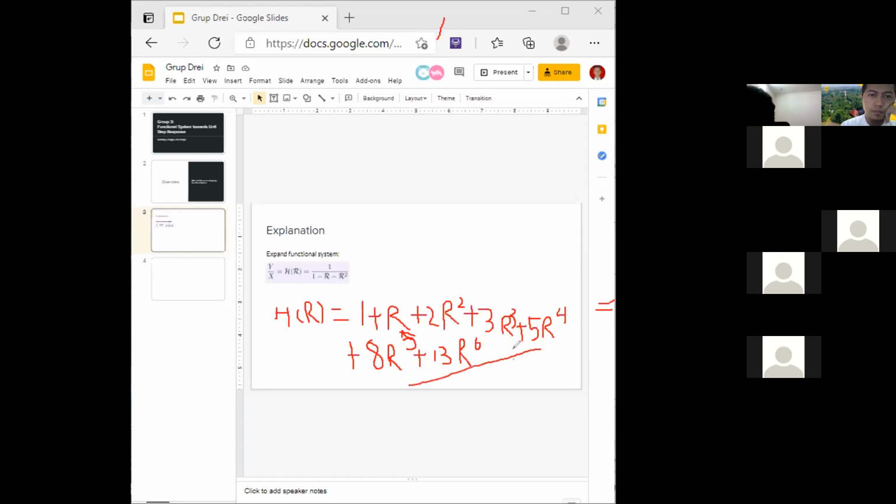So this is the comparison with 1 over 1 minus R minus R squared.